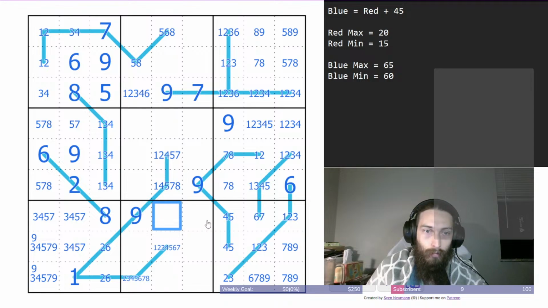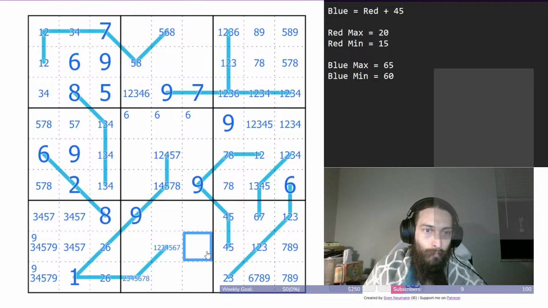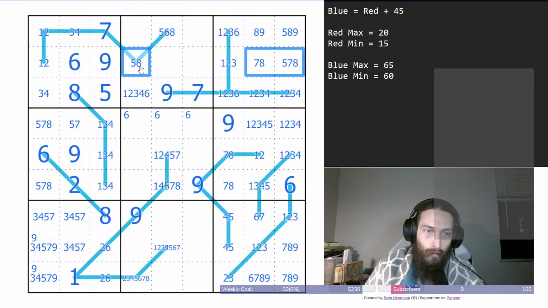That was probably loud, closer to my mic. Sixes up there, so we'll do that. 5, 7, 8 as a triple.